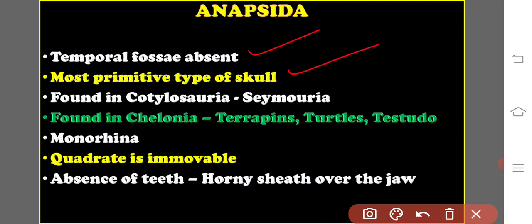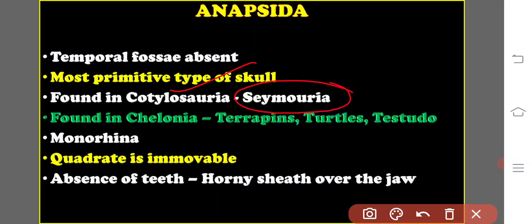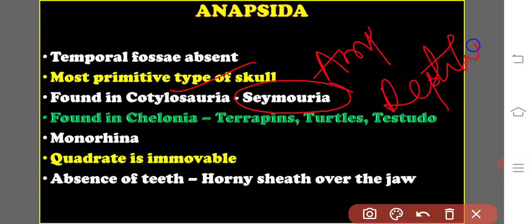It is found in extinct forms like the Cotylosaurians. The best example is Seymouria, and one more specialty of Seymouria is that it is the connecting link between the amphibians and the reptiles.